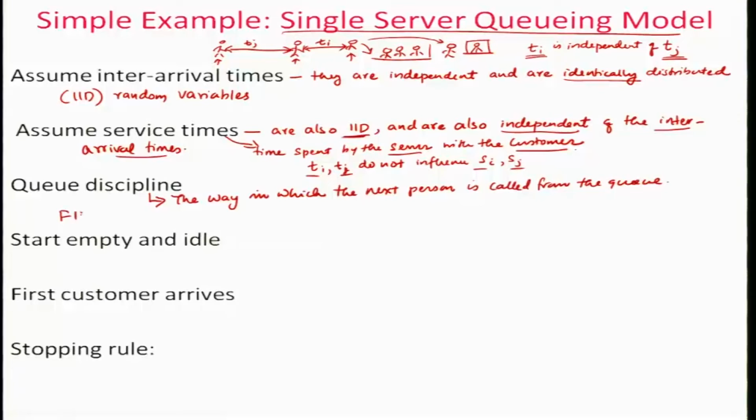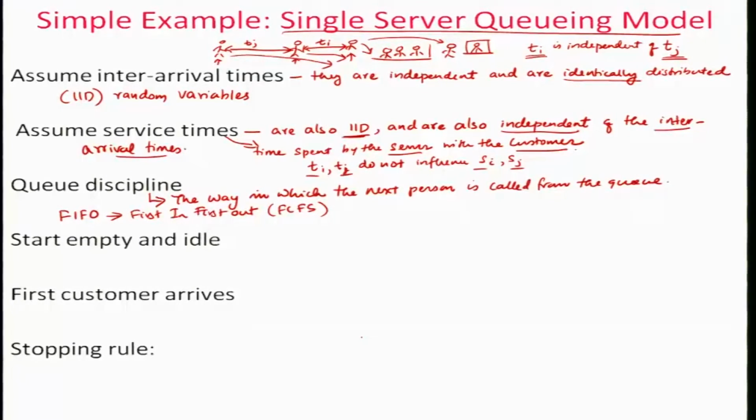The main rule we are assuming here is FIFO, which stands for first in, first out, or first come first serve. It is also called FCFS, but we call it FIFO. So, we assume that whoever comes in first gets served first. The people who come later will join the back of the queue, like this.